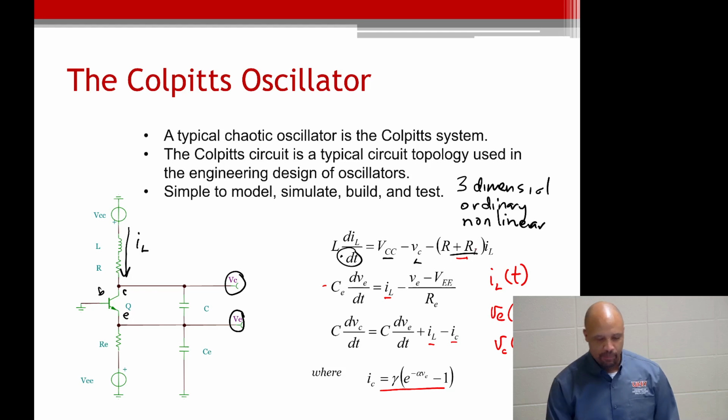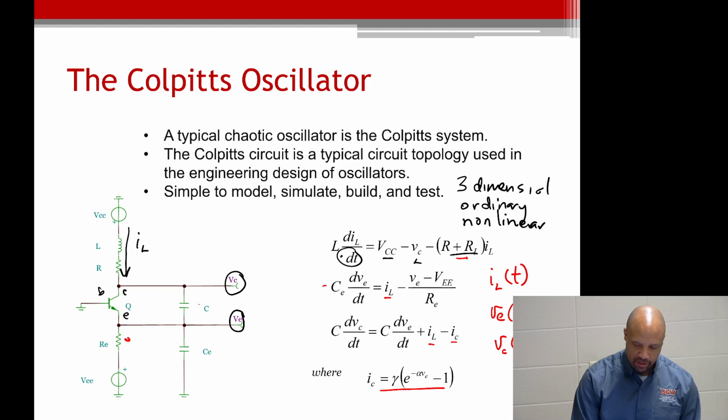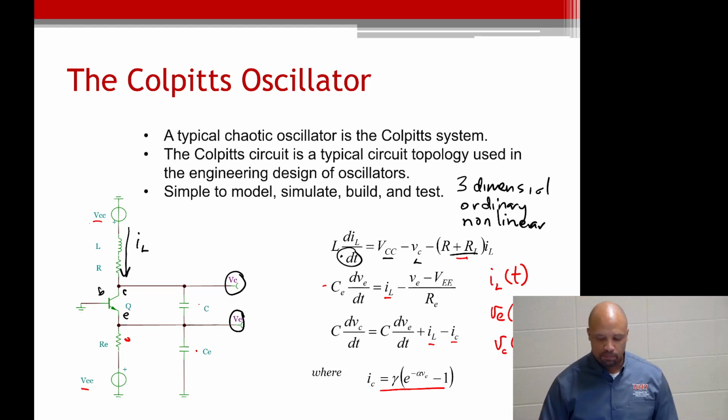Those are the parameters of the circuit, which means the value of the inductor, the value of the resistor here, the other resistor here, the capacitor here, the capacitor there, the voltage that you're applying right here, the voltage that you're applying right there. All of those things are parameters that then determine how this thing behaves.